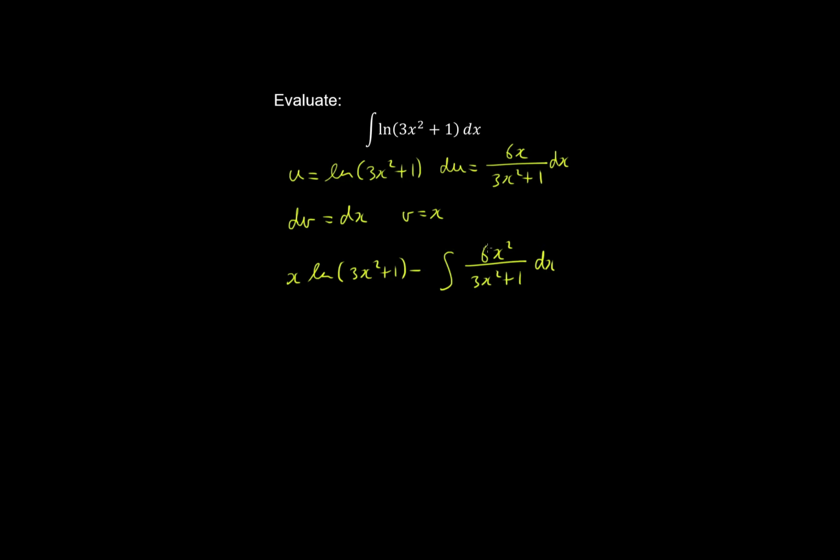Now what we can do is take 2 outside the integral. So we end up with 3 here. And now you can do a bit of algebra by adding 1 and subtracting 1. And what you'll get is this integral in the following form. So you'll have 2 times the integral over x, and then minus the integral of 1 over 3x squared plus 1.